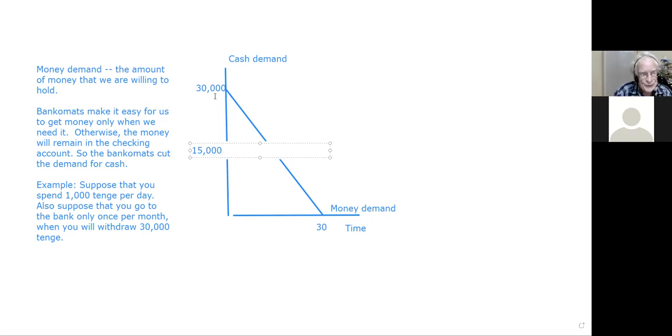It is high because at the beginning of the month you withdrew a lot of money to spend it slowly. So when you go to the bank only once per month, you have a high demand to hold money. That's the basic point.